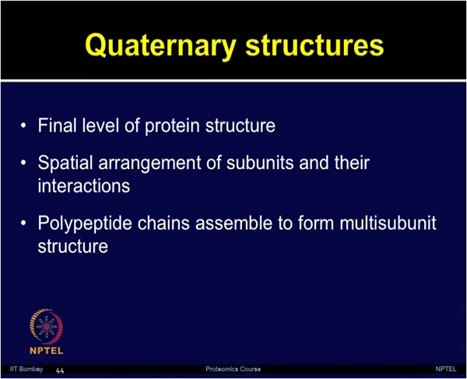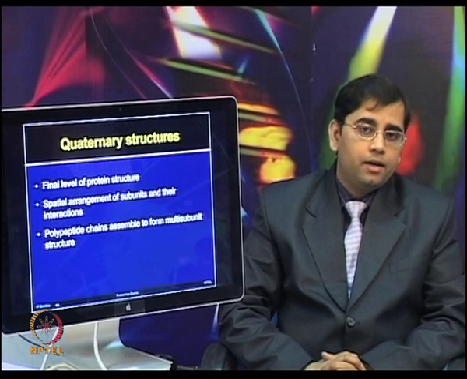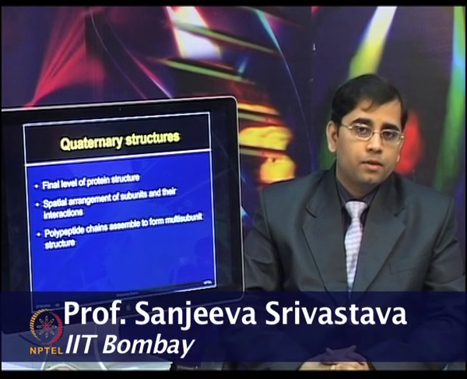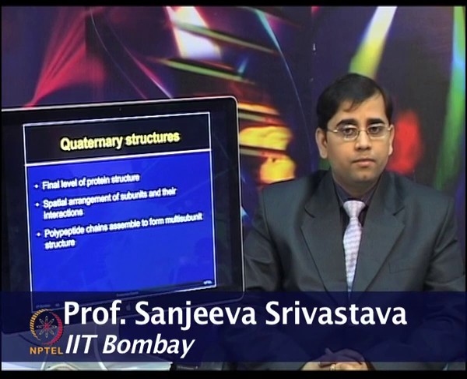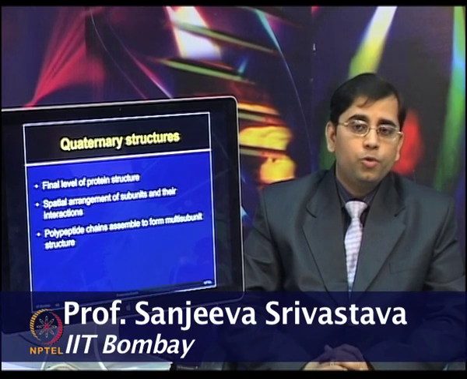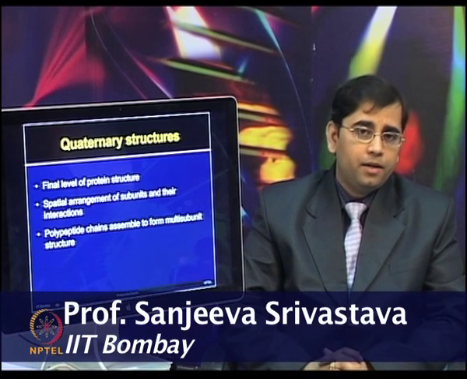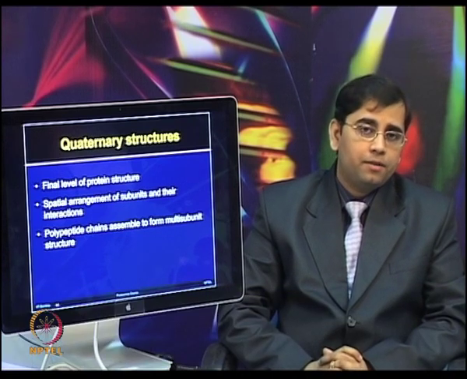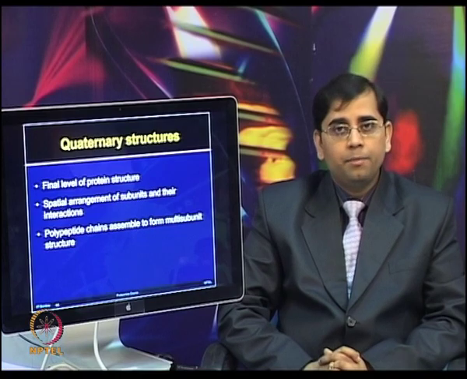The polypeptide chains assemble to form a multi-subunit structure, and each polypeptide chain is known as a subunit. Different examples include the DNA binding protein of bacteriophage lambda, which represents the simplest quaternary structure. Then we have the classical example of hemoglobin.